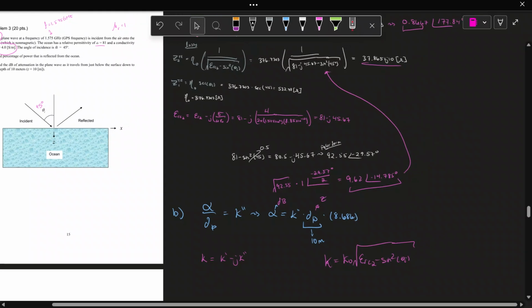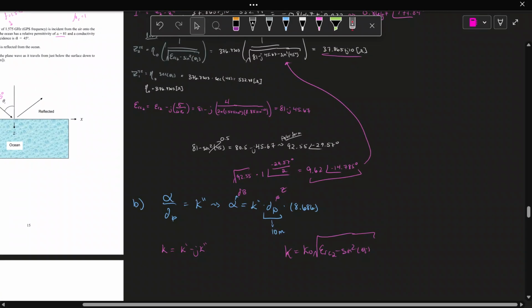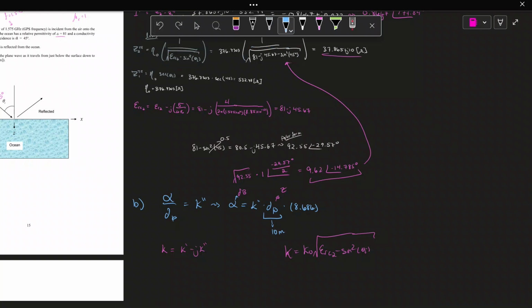And you know what? We've already found the square root of epsilon RC squared minus sine squared of the incident angle up here. It's way up here in our ZTE2 equation. So we can just plug it in. We know the square root of epsilon RC squared minus sine squared incident angle.